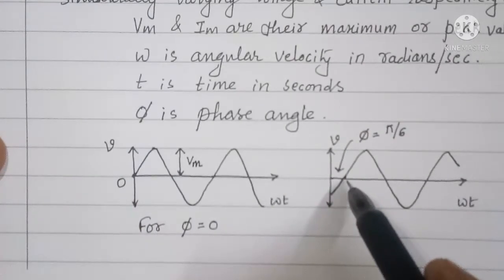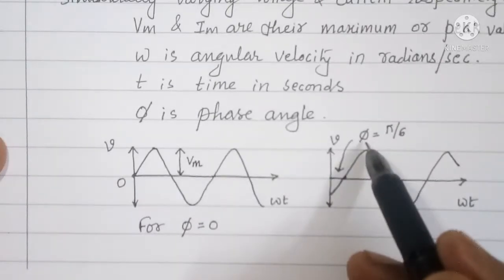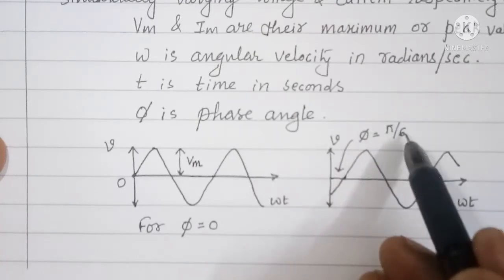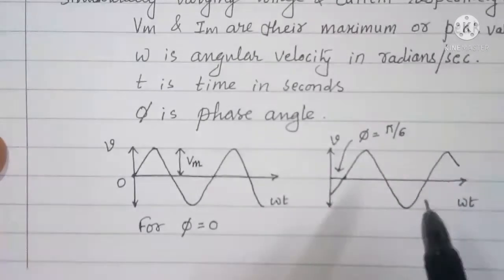In this case, the voltage waveform is not starting at 0, but it is starting after phase lapse of pi by 6 radian or 30 degree.